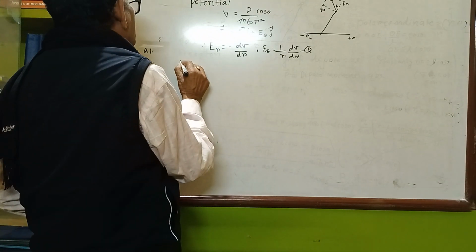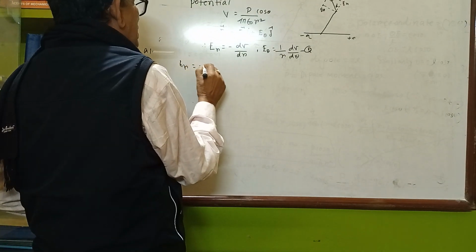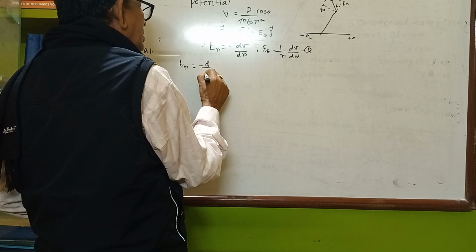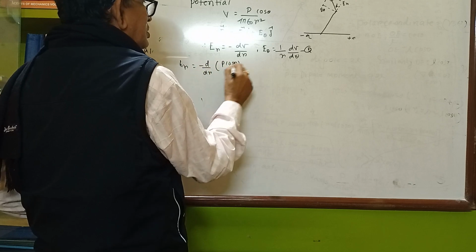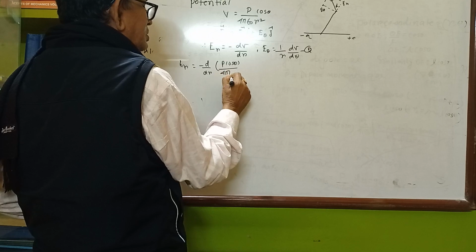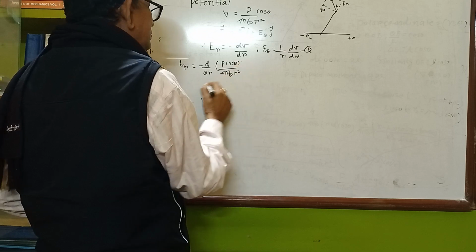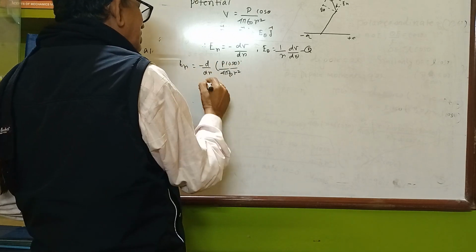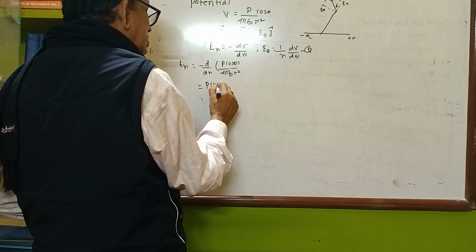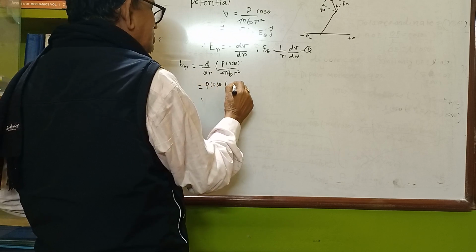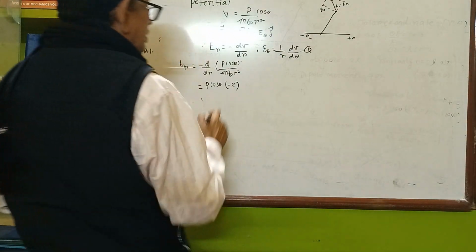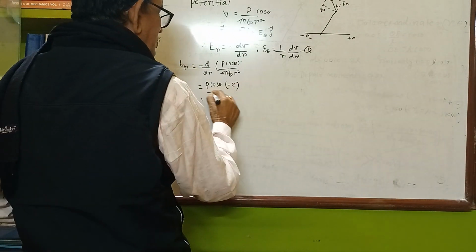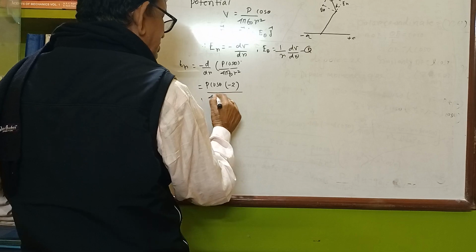So E_r equals minus d by dr of p cos theta by 4 pi epsilon naught r square. This is constant, it will come out. So minus 2 into 1 by r cube 4 pi epsilon naught.